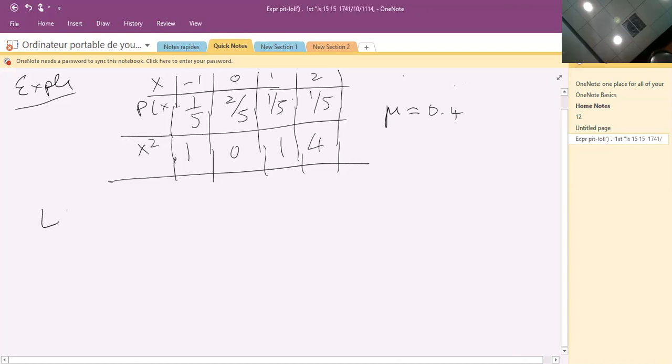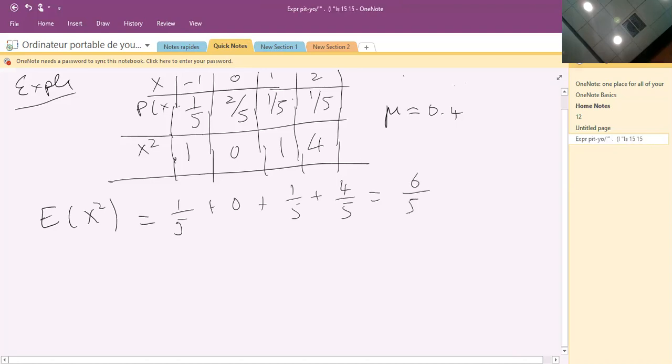So E of X squared will be 1 times 1 over 5 plus 0 times 1 over 5 plus 1 times 1 over 5 plus 4 times 2 over 5. This gives us 6 over 5. What is 6 over 5? 1.2.